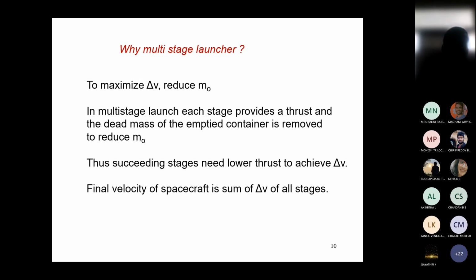Dead mass means, suppose there is a fuel container and the fuel or the propellant is over, completely used by the rocket, then that container will be removed out of the rocket. It will be detached from the rocket and it will fall on the sea level. Those are called the dead mass, meaning any portion of the satellite whose functionality is over with different stages.